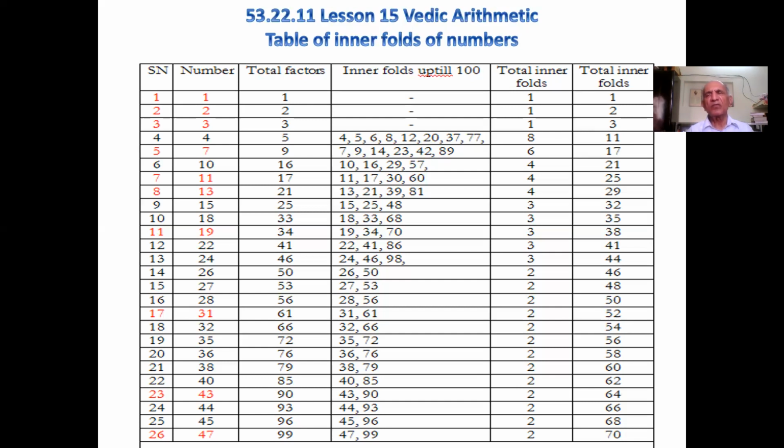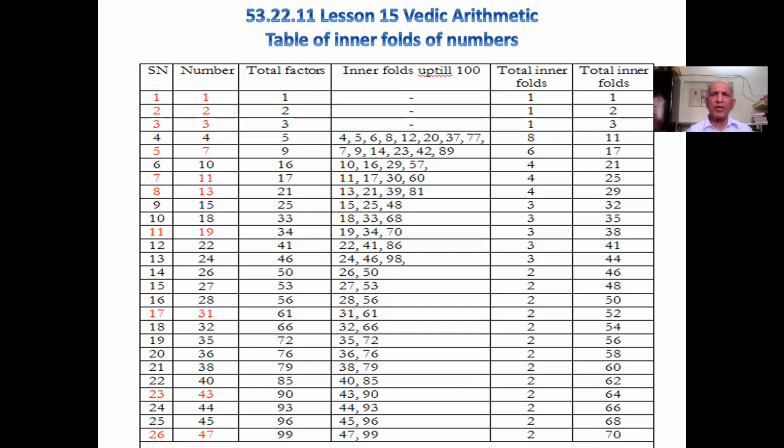Number 4 has 5 factors up till that stage, which takes us to value 5. And 5 numbers up till that stage take us to value 6. 6 numbers take us to 8 factors. 8 values range takes us to 12 factors. 12 values range takes us to 20 factors. 20 values range takes us to 37 factors. 37 values range takes us to 77. And beyond that, we cross 100.